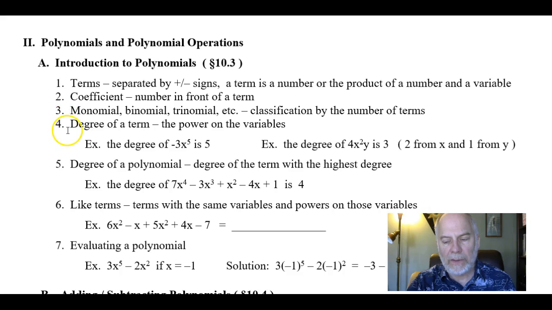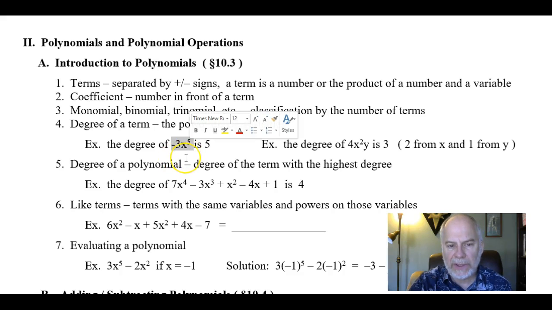So the next important thing about polynomials is the degree of the polynomial. And first, though, we have to talk about the degree of a single term. So the basic thing for the degree of a term is how many variables it has multiplied together. So if you look at the expression negative 3x to the 5th power, that term, because we could write that as negative 3 times x times x times x times x times x, in other words, 5 x's multiplied together, so the degree is 5.